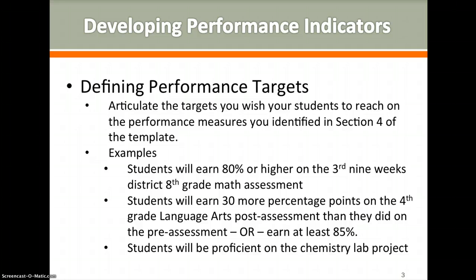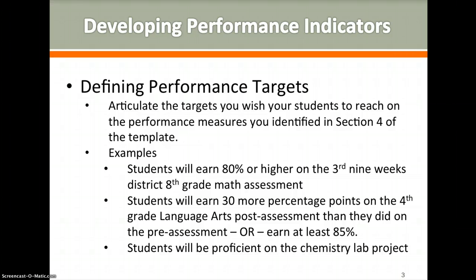For example, you might state the following: students will earn 80% or higher on the third 9 weeks District 8th grade assessment. Or students will earn 30% or more on the 4th grade language arts post-assessment than they did on the pre-assessment. Or they will earn at least 85%.